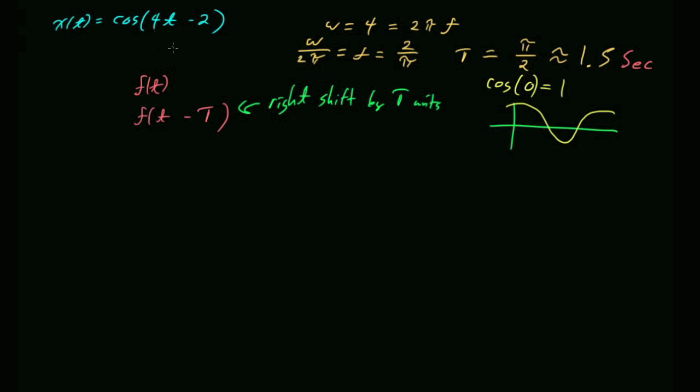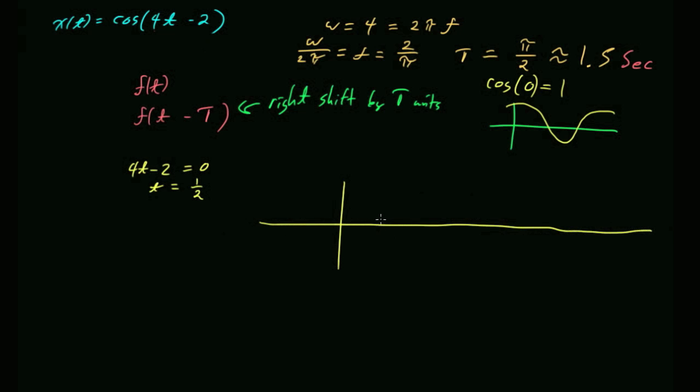So what value of t is it going to be the case such that 4t minus 2 equals 0? It's 1/2. If I solve for t, I get 1/2. So for this current plot, if I come out to t equals 1/2 and plug in 1/2 for t, I get 4 times 1/2 is 2, 2 minus 2 is 0, and cosine of 0 is 1.